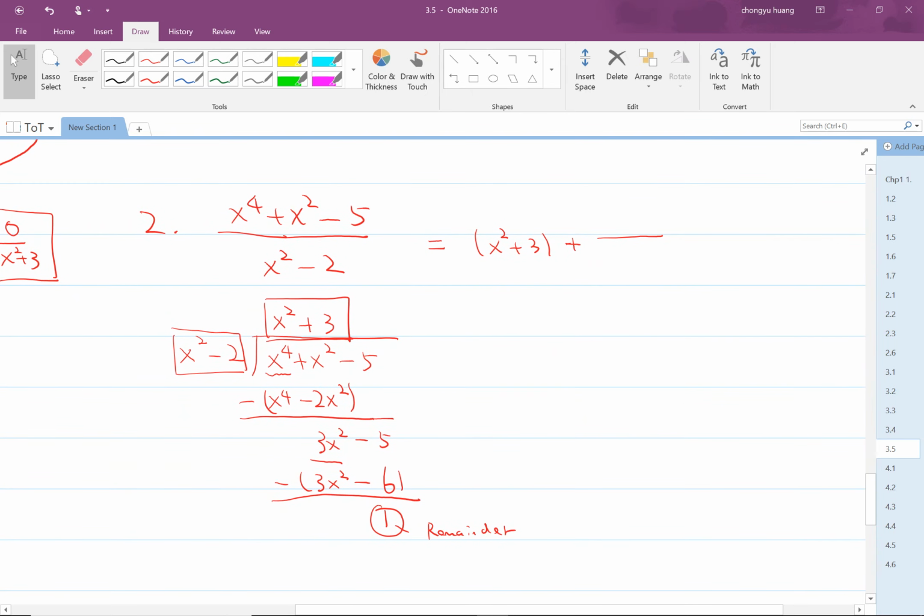So you write down x squared plus 3 as part of the solution. Now we have to write down the solution part for the remainder. We have a remainder 1, so you write down 1 over x squared minus 2. So now this is the full solution for question 2, okay?